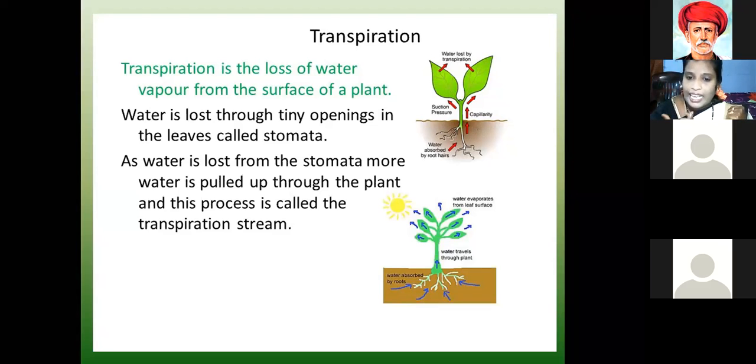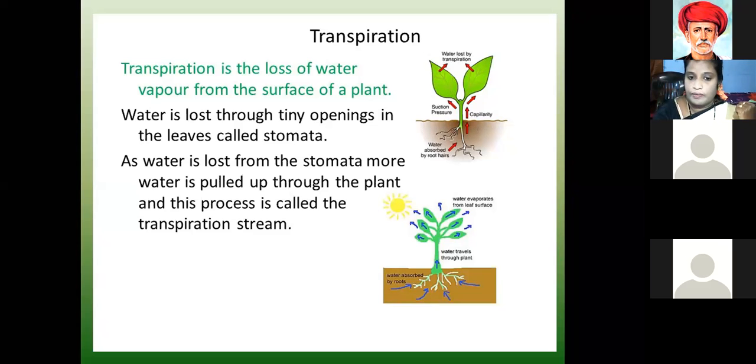This is all helped by the stomata. The leaves have tiny opening parts, ma'am. That's why it is easy for transpiration, respiration, and nutrition to transport to the remaining parts of the plant.